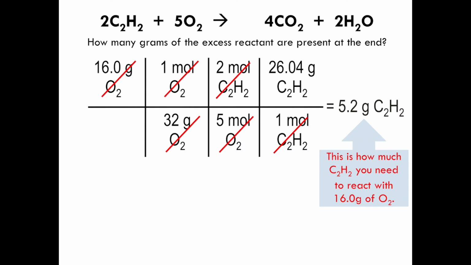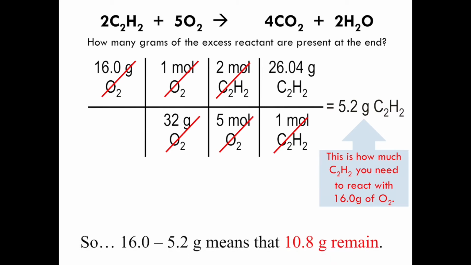So 16 grams of O2 is what I'm starting with, and 5.2 grams of C2H2 is how much I actually need to react with that. So how much excess is present at the end? Well, I don't know if you remember, but we started with 16 grams, but we only needed 5.2 grams. So that means that 10.8 grams are in excess or remain at the end.